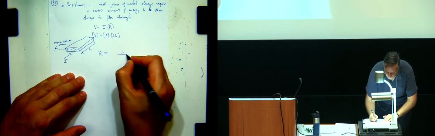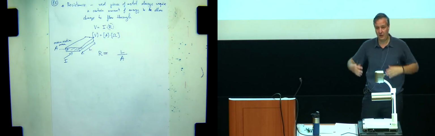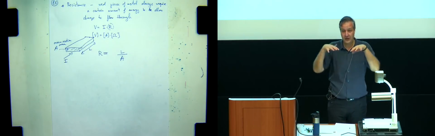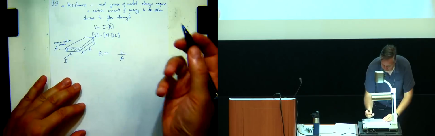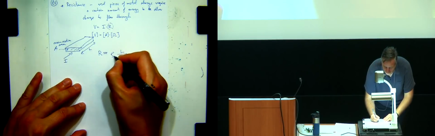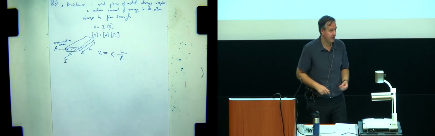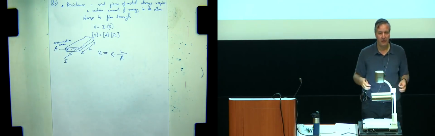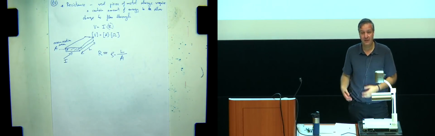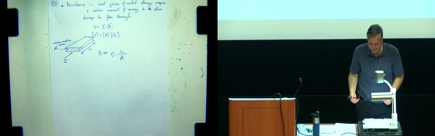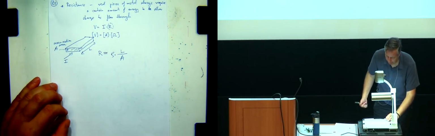So the resistance is going to drop with area, because the larger the cross-sectional area is, the less chance I have of getting in without hitting an atom. And then I just have some material property constant here that says certain materials have denser atom spacing, so it's harder to get through them. Some others are sparser, so it's easier. So this will determine that.